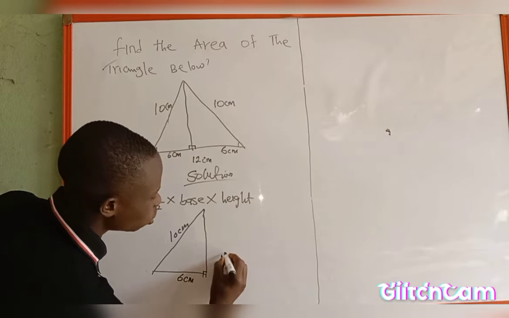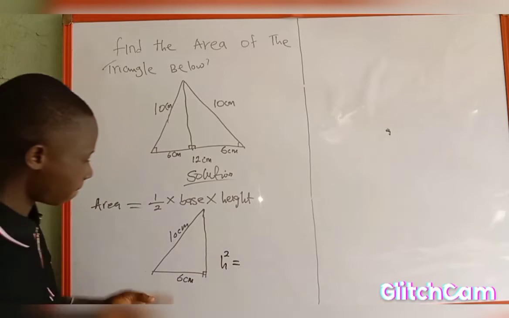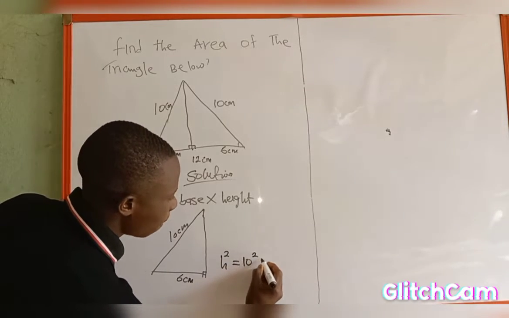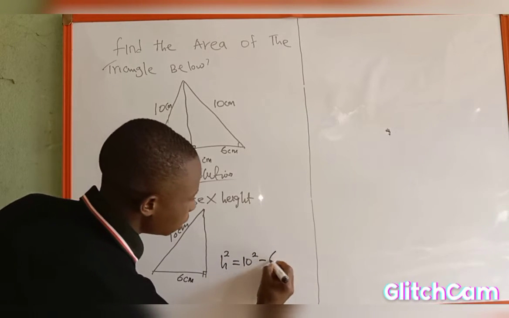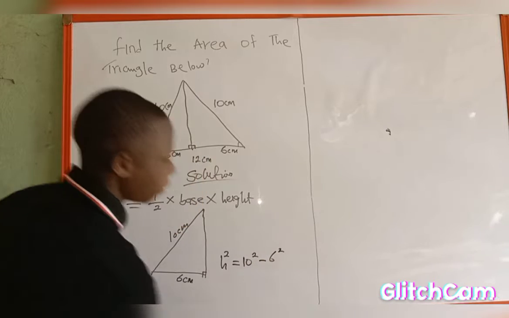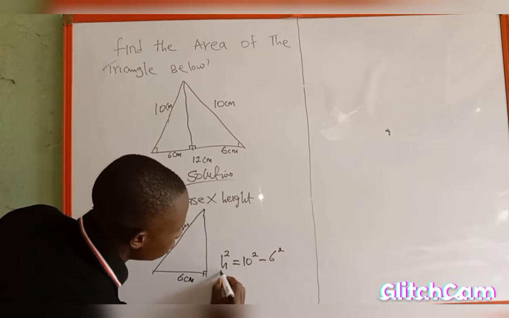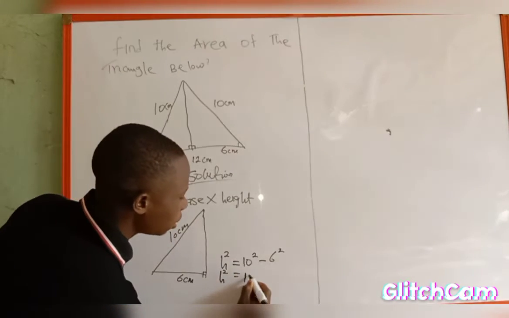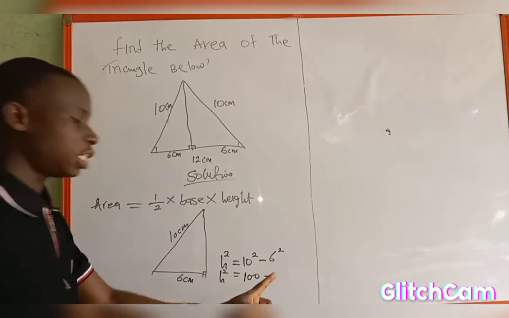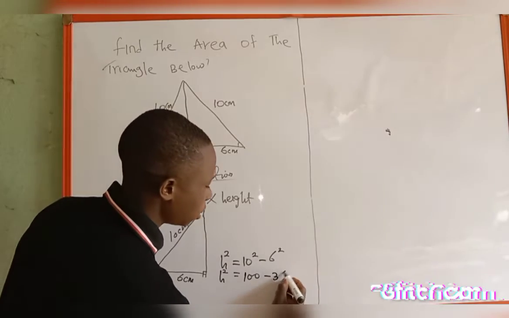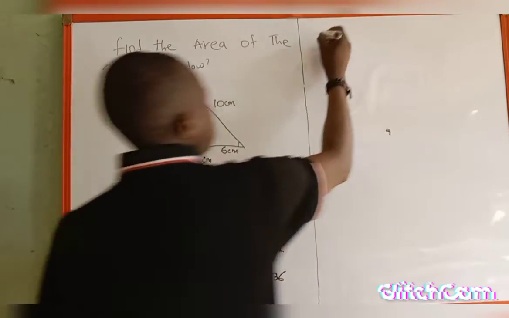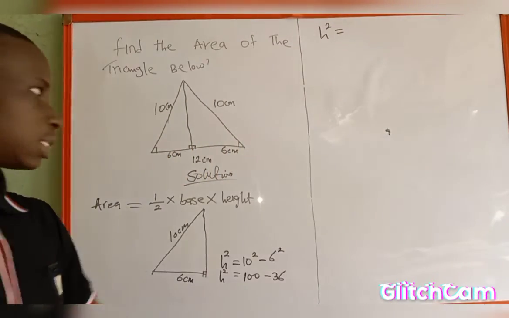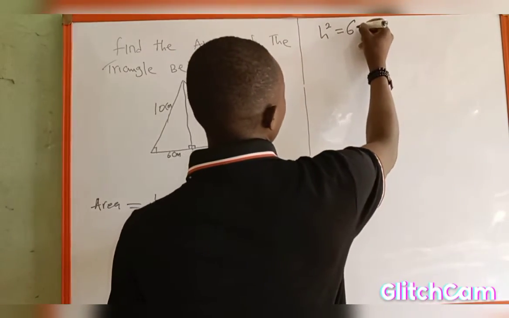So the height squared equals 10 squared minus the base 6 squared. So h squared will be equal to 10 squared, which is 100, minus 6 squared, which is 36. So h squared will be equal to 100 minus 36, we have 64.